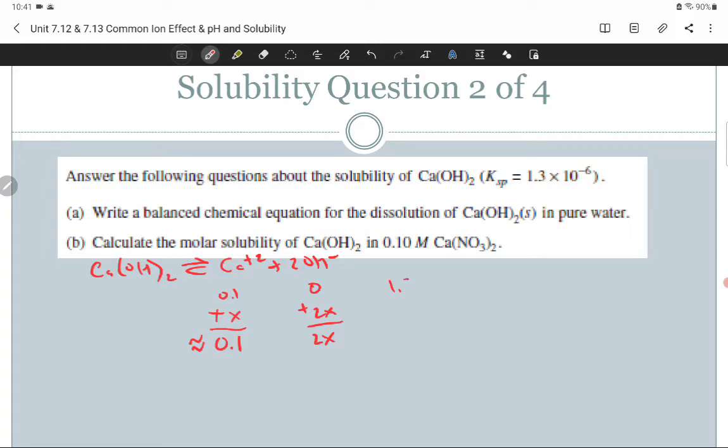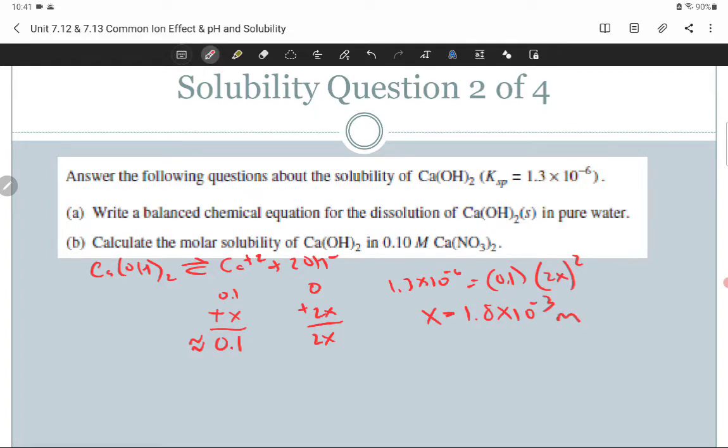So we have 1.3 times 10 to the negative 6 for the KSP, likely 0.1 molar, and then 2x squared. Okay, so if we solve for x, we get 1.8 times 10 to the negative third.